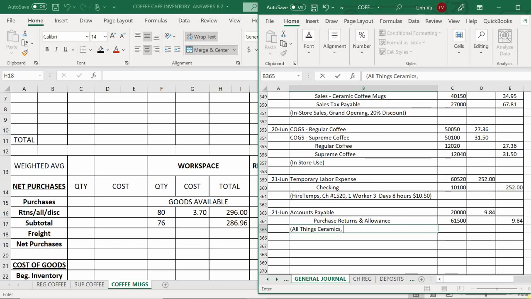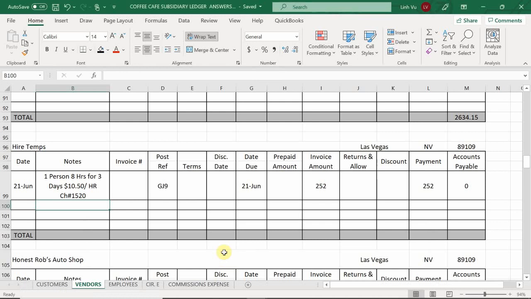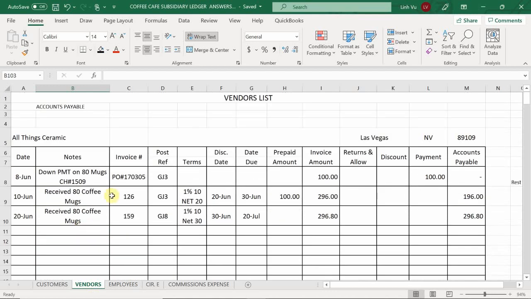Now in this case, the rule of thumb is you should also look at your invoice on your subsidiary ledger, because we need to put a credit on it, because we're getting a vendor credit. We're getting money back from it. So we need to associate this as a vendor credit. So All Things Ceramics, what is this a credit to?